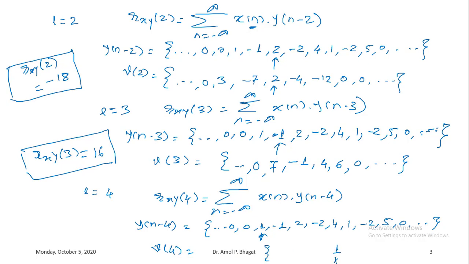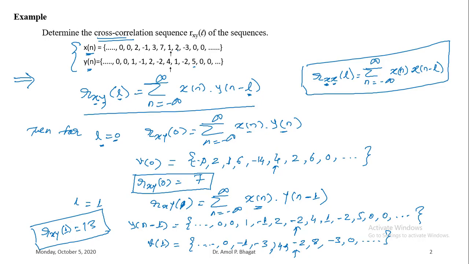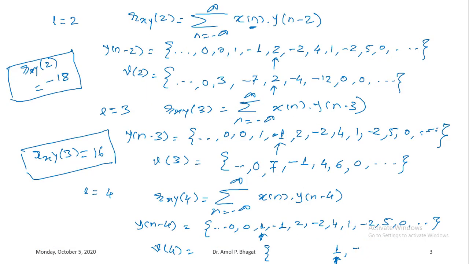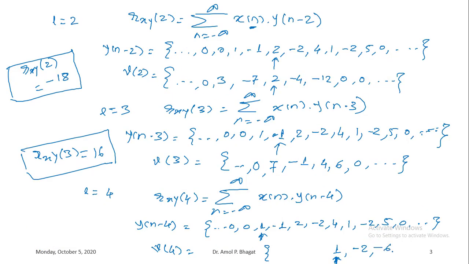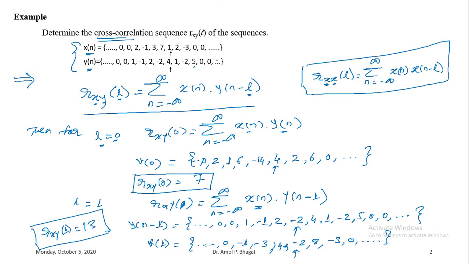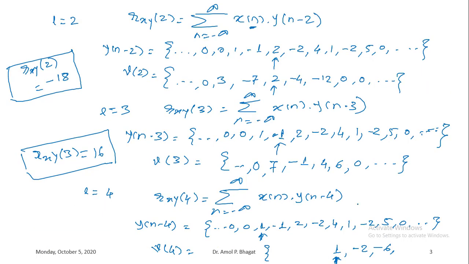So at origin we will get 1, next value is minus 1, here next value is 2, so 2 multiplied by minus 1 will be minus 2. Again next value is 2 in this case, here it is minus 3, 2 multiplied by minus 3 will be minus 6, right? And next value is minus 2 and here it is 0, so remaining values are 0.